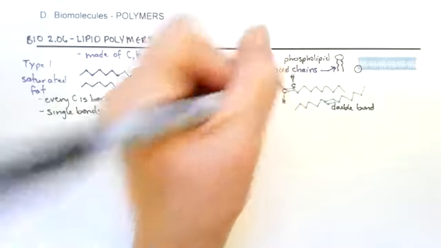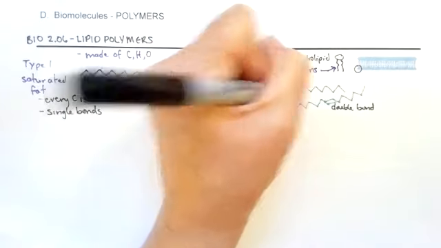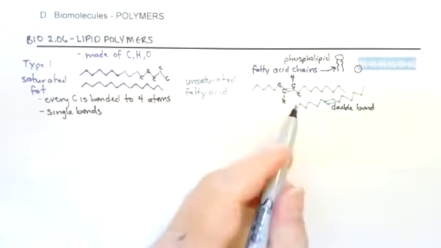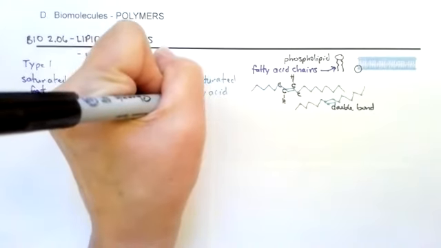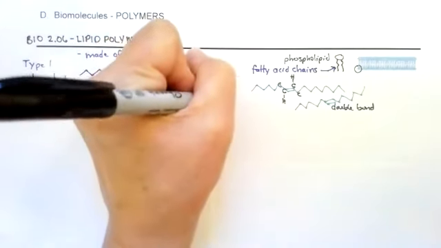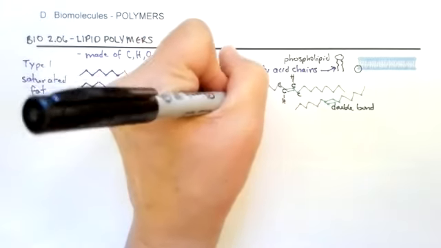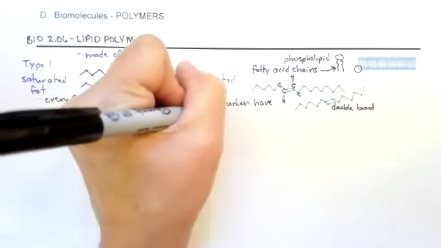And this would have a hydrogen coming off. That's a carbon, and it's a carbon. And this changes the way the molecule behaves. So in an unsaturated fatty acid, some of the carbons have double bonds.